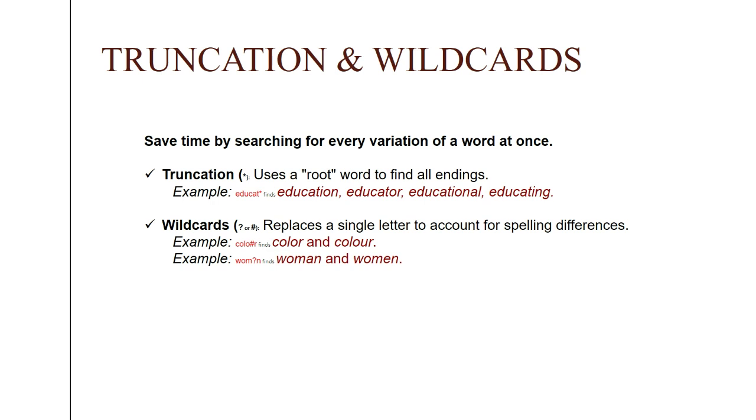So I'll still get what I'm looking for, whether it's written in British or American English, or woman and women, in plural. Whether it's written in plural or singular form, I will still get what I'm looking for.